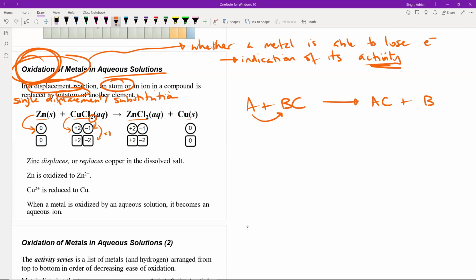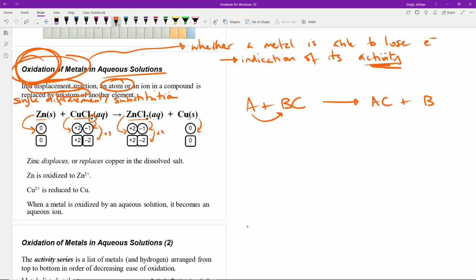On the right side, with the zinc chloride, again, the Cl will be -1. You have 2 of them to give an overall contribution of -2. The zinc here has to be +2 to cancel that out. And the copper metal on its own is going to have an oxidation number of 0. Individual elemental metals in their elemental state will have oxidation numbers of 0.